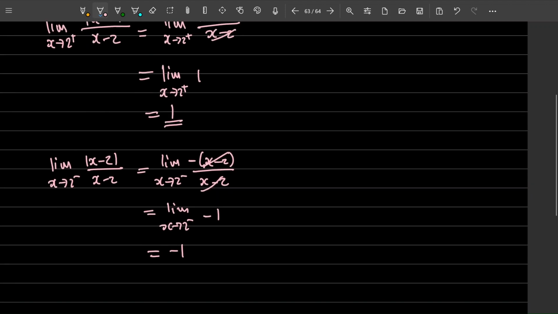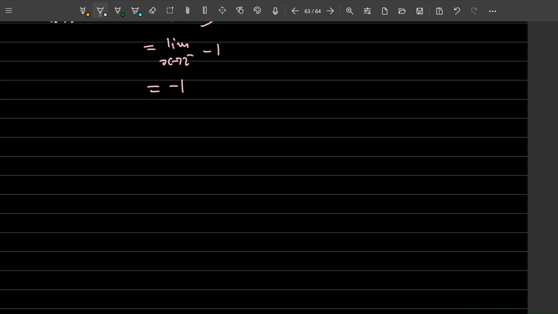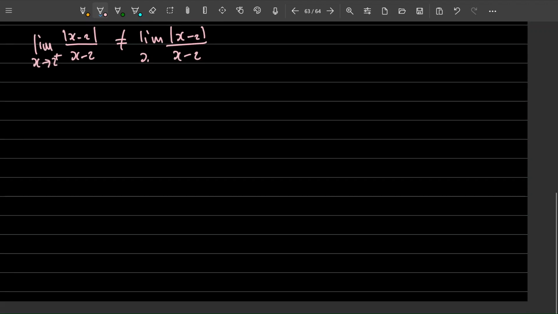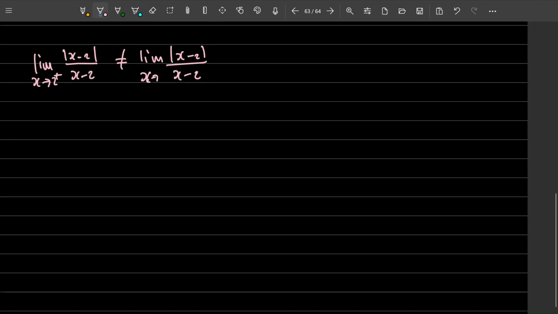And are these limits the same? They are different. So does it exist? So you can say the limit of modulus of x minus 2 over x minus 2 as x approaches 2 from the right is not equal to the limit of modulus of x minus 2 over x minus 2 as x approaches 2 from the left.